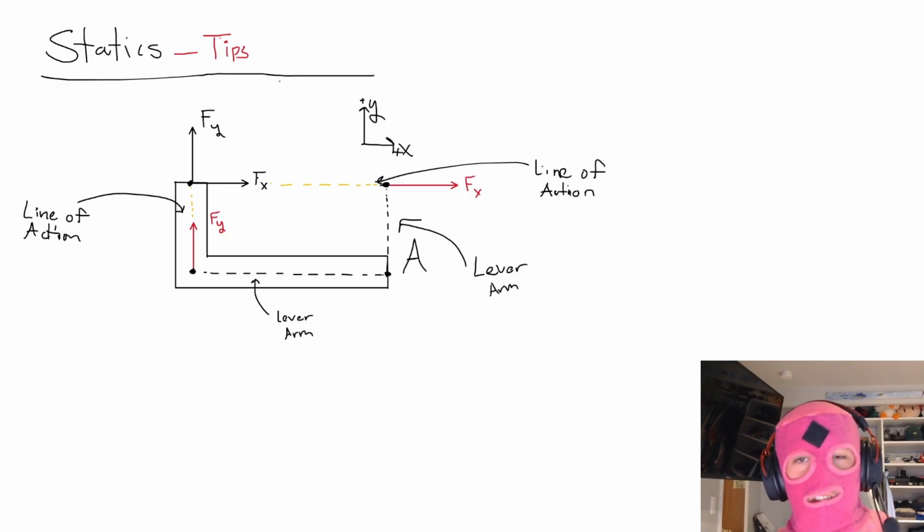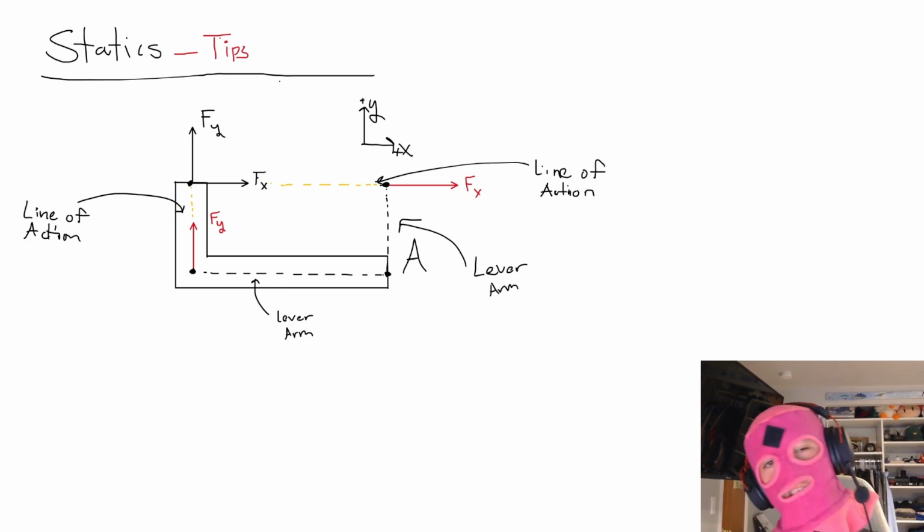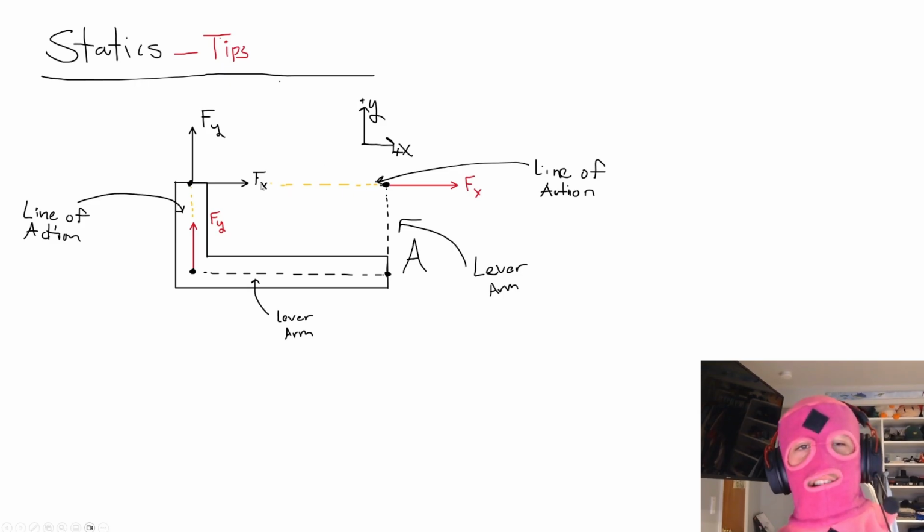You see, so this is how the moments generally work. Okay, you have this angle bar, right? Now you have some force Fy and Fx right over here, right? And they are going to create a moment at A. Well, how do I go about finding that moment? Well, you see the yellow dashed lines? Those indicate the line of action.